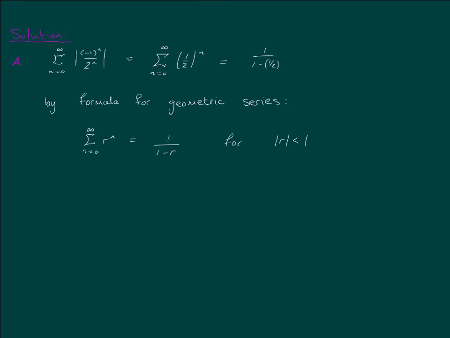In our case, r is a half, so this formula is valid. So we have 1 over a half, which is equal to 2. You might have seen a different version of the formula for a geometric series where you had an a, but this formula is just a version where a is 1. So hence, the sum from n equals 0 to infinity of (-1)^n over 2^n is absolutely convergent.